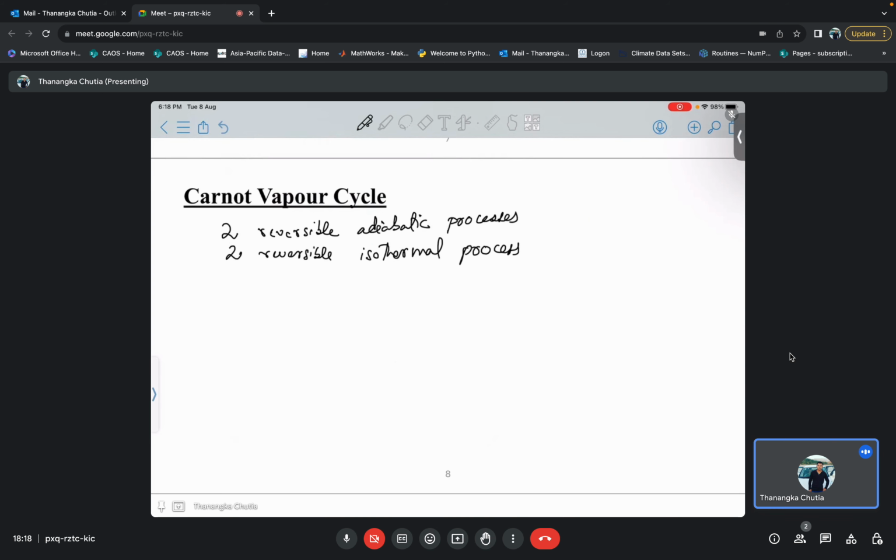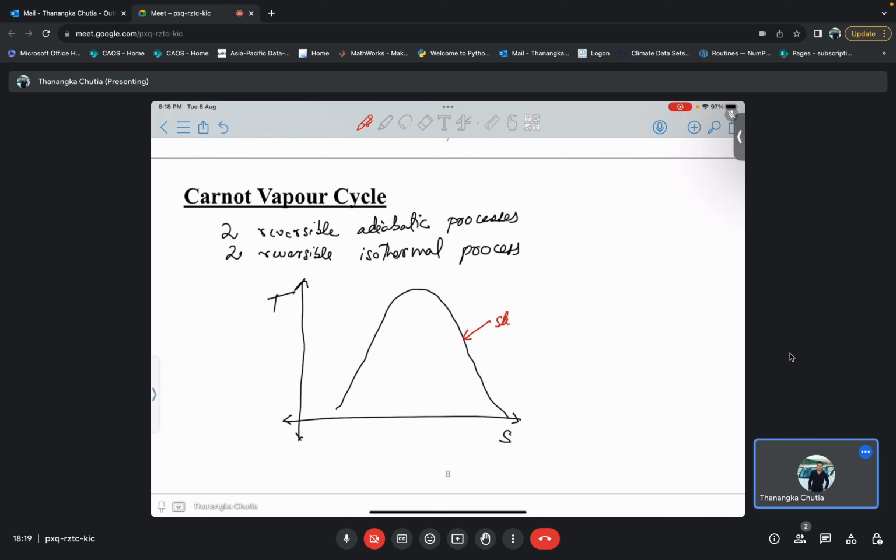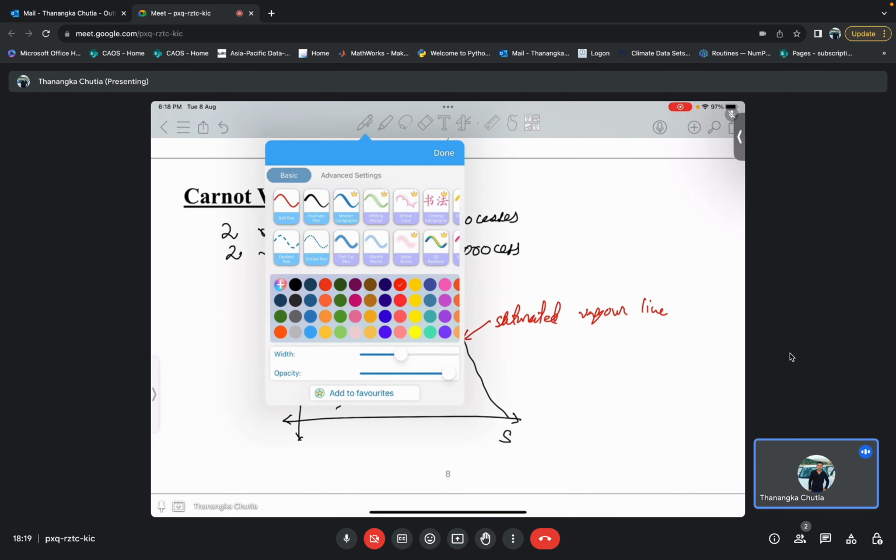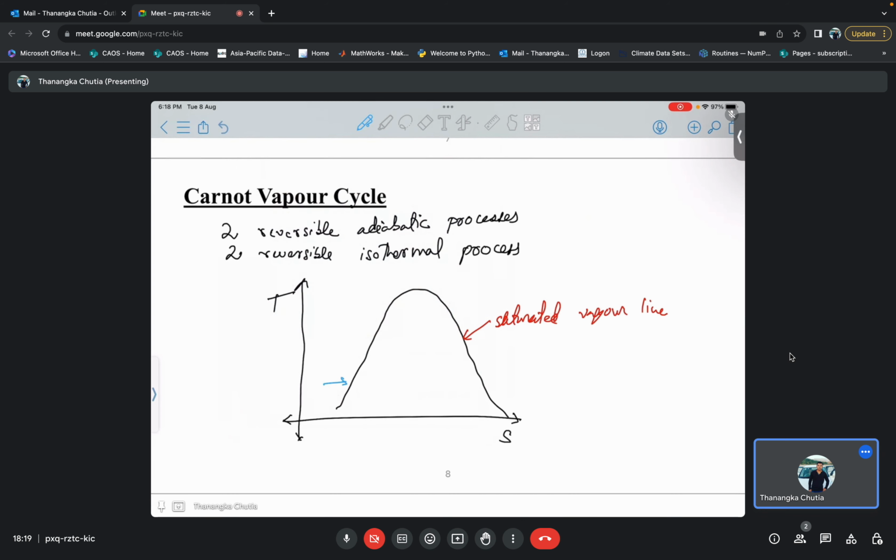So this we will apply in the case when our fluid is a vapor, or a mixture of steam and liquid water, so there will be this dome shape. This line is your saturated vapor line. Let me use blue for liquid; this is your saturated liquid line.